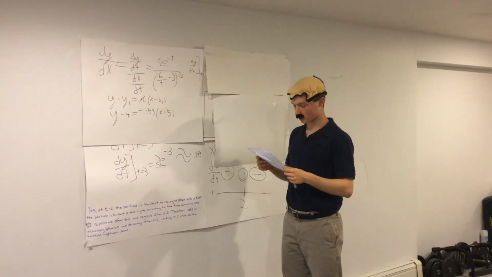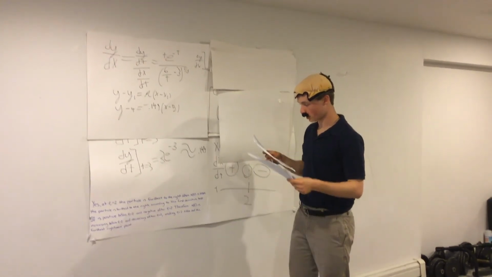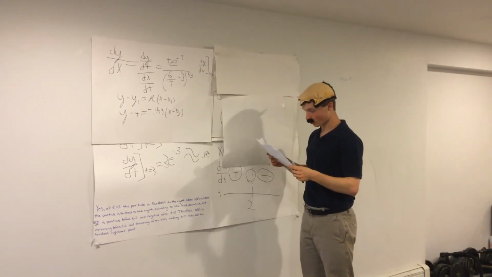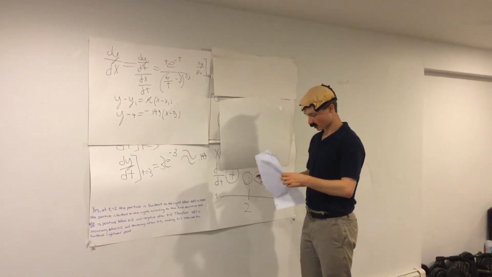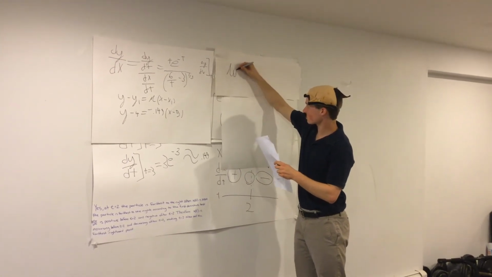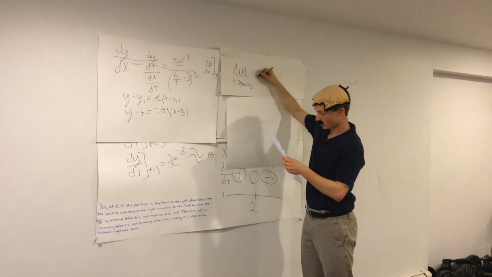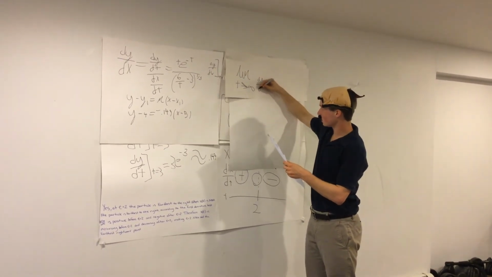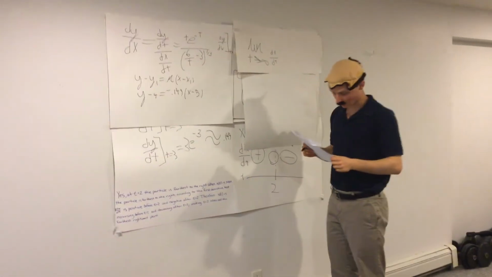Describe the behavior of the path of the particle as t increases without bound. So we start this out with the limit as t approaches infinity of dx/dt. Sebastian, okay, don't answer, that's fine too.